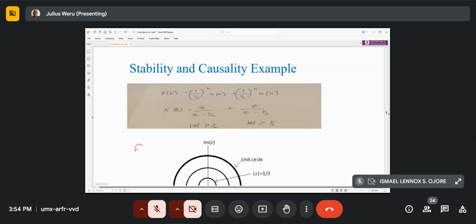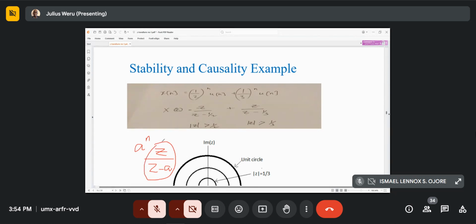Now, if you have a to the n as your x of n, X of z should be z over z minus a.